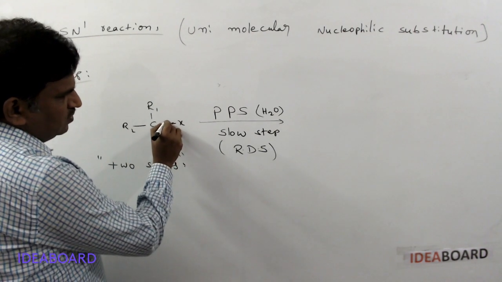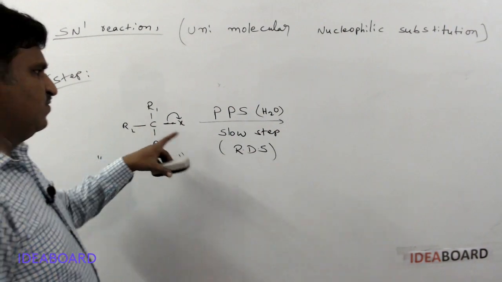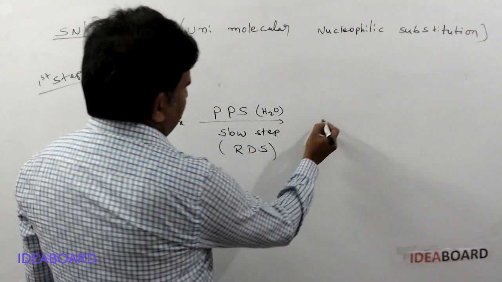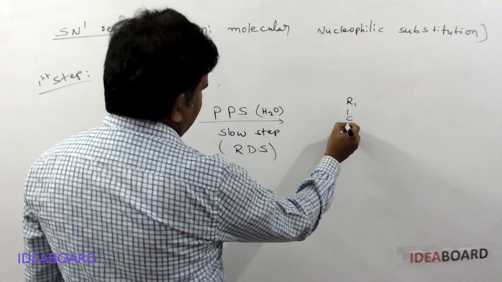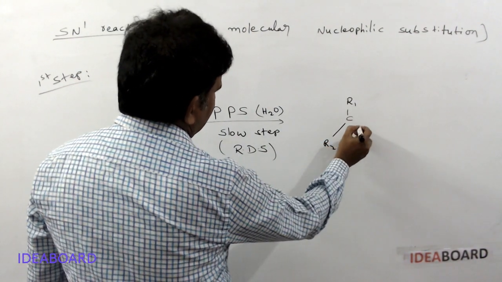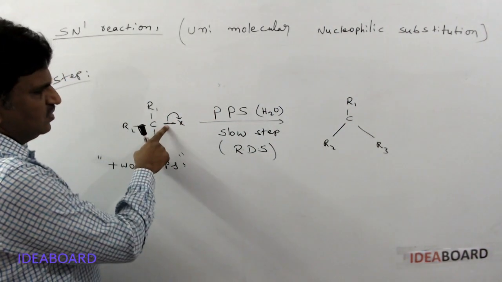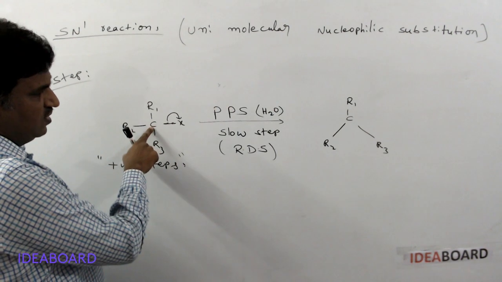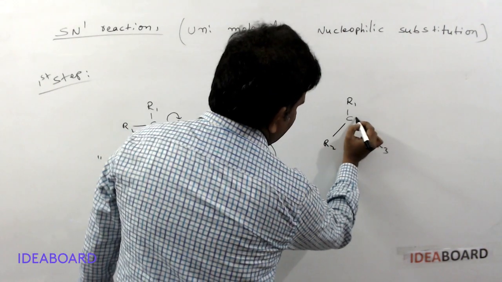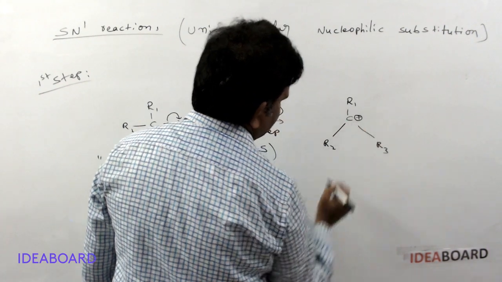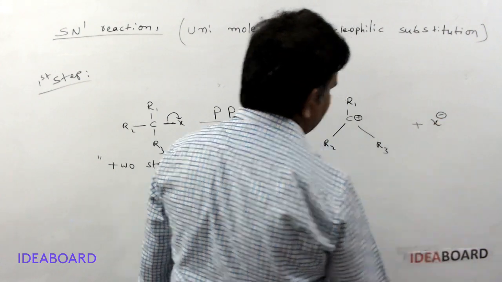Along with these two electrons, halogen is leaving from the carbon halogen bond, and so here what is formed is R1, R2, and R3. Now carbon is losing this pair of electrons, so carbon gets a positive charge, and here we are getting X minus, the halide ion.